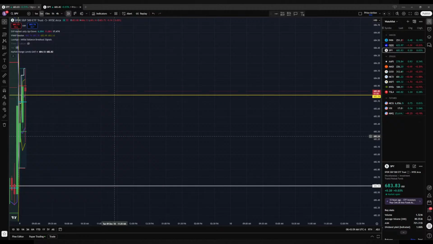This candle close is also going to set our 15-minute opening range, which are these white lines. 45 seconds for this candle to hold above our initial VAH, which is the yellow line.